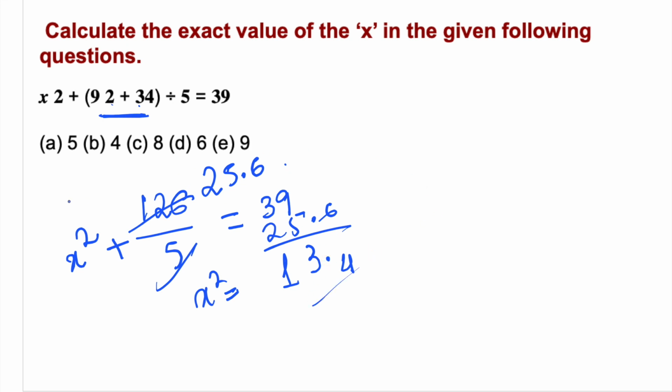So 5 square is how much? 25. 4 square 16. 8 square 64. 6 square 36. 9 square 81. So the closest is option B, that is 4.